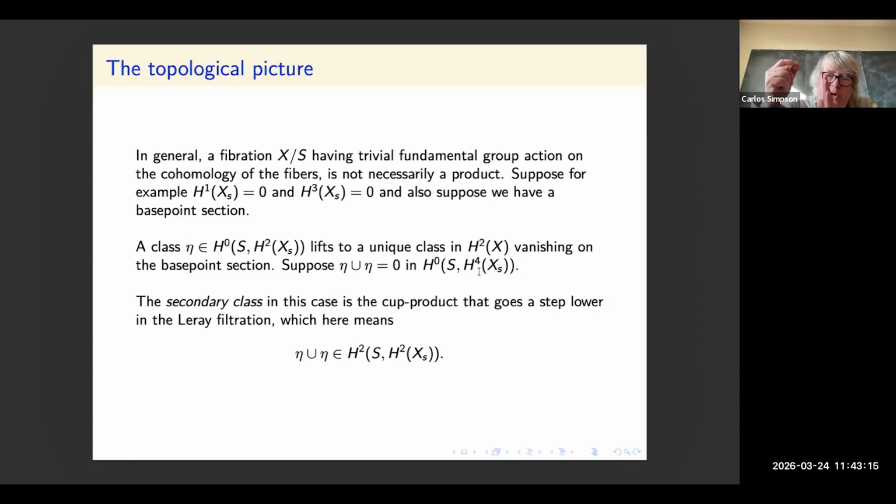It just means that the cup product goes at least one or more steps lower in the Leray filtration. Here, the next step lower is 0 because we assumed H1 equals 0 and H3 equals 0. So it actually goes 2 steps lower, and we'll get a cup product element, which is going to be in H2 of the base with coefficients in H2 of the fiber.